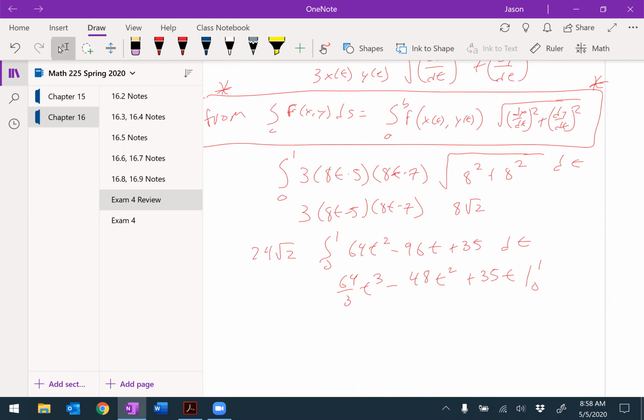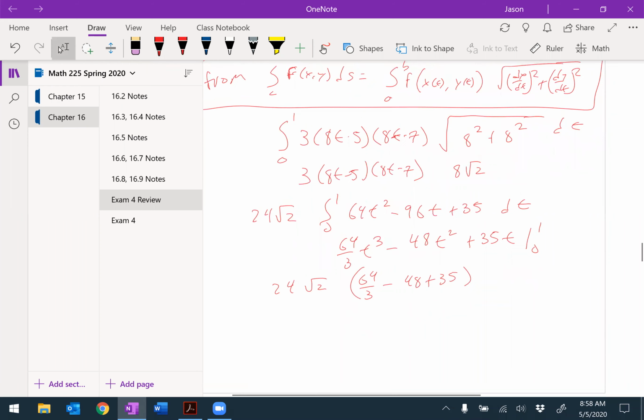So I just plug in the 1, and it becomes 64 thirds minus 48 plus 35, times 24 radical 2. Negative 48 plus 35 is negative 13. So 64 over 3 minus 13, times 24 radical 2.